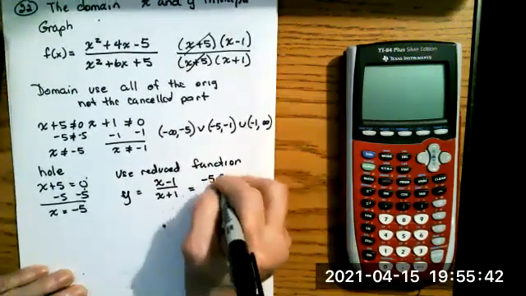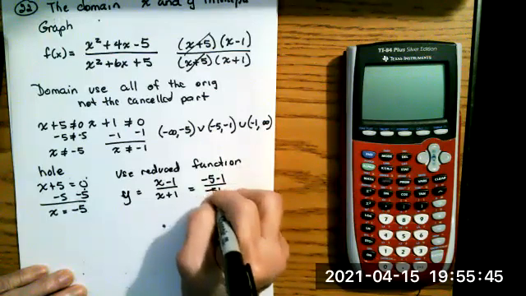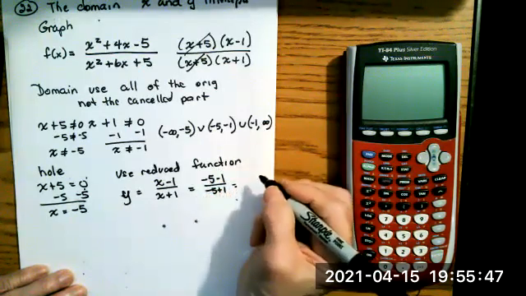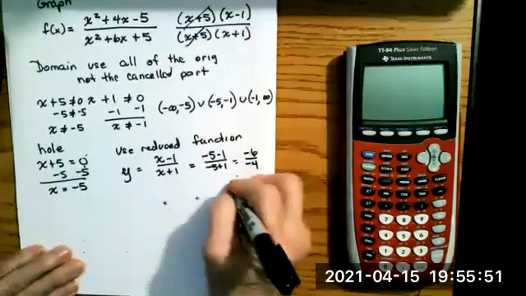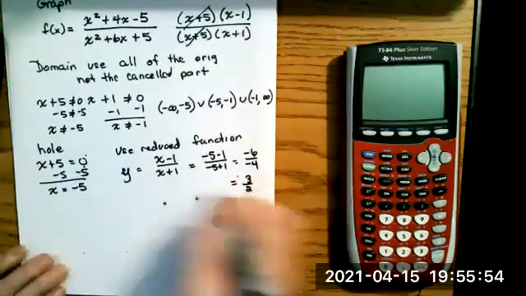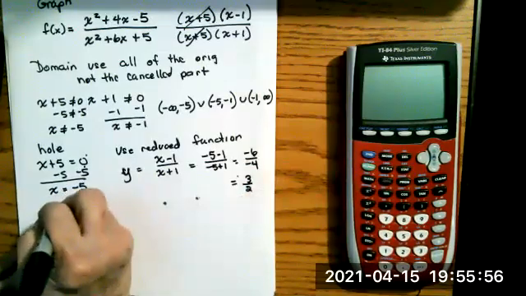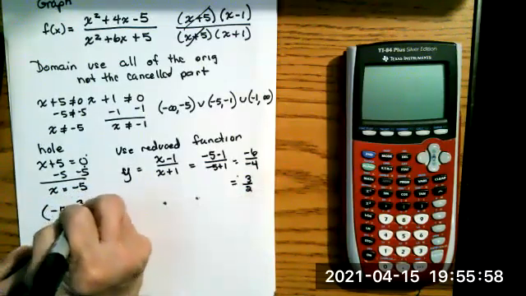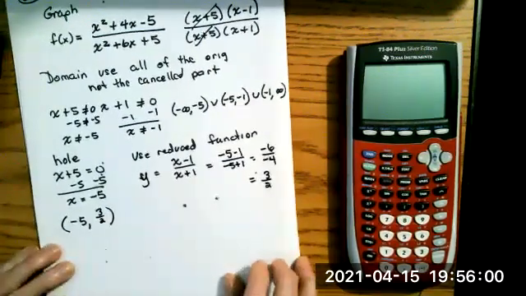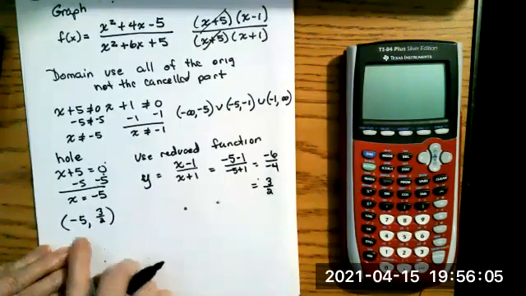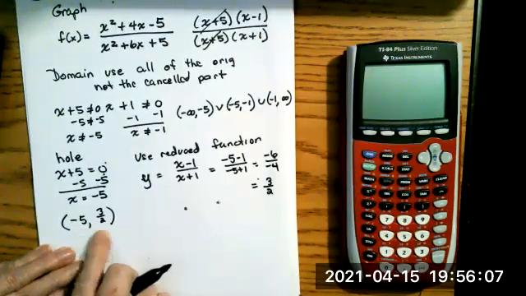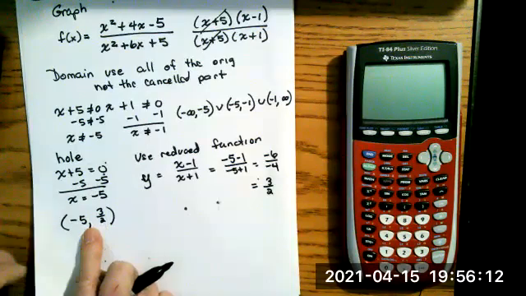It's going to be negative 5 minus 1 over negative 5 plus 1, which is negative 6 over negative 4, which is positive 3/2. So there's a hole at negative 5, 3/2. That's going to be important when we graph. It might be important when we find the x and y intercepts, but probably not since neither one's 0. If one of these had been 0, that's going to mess up my x and y intercepts.